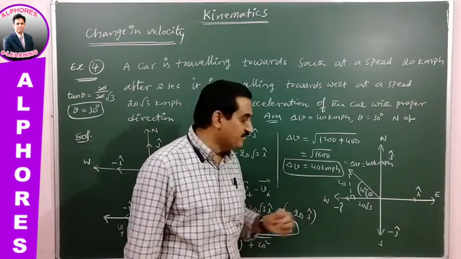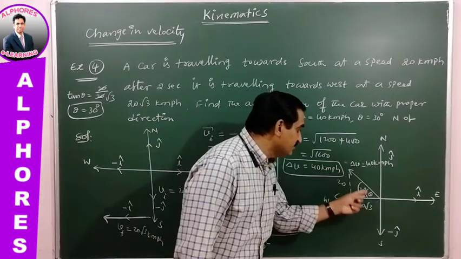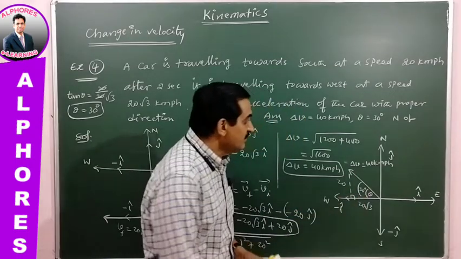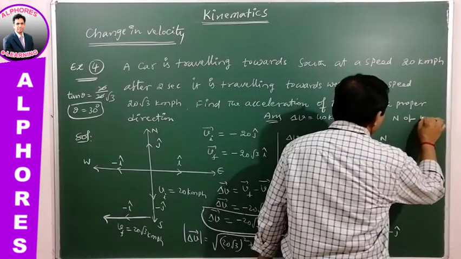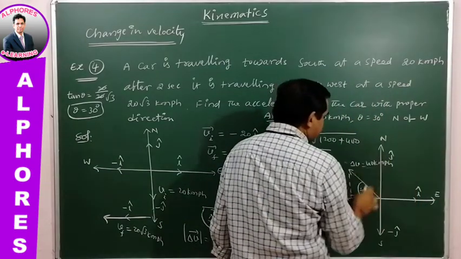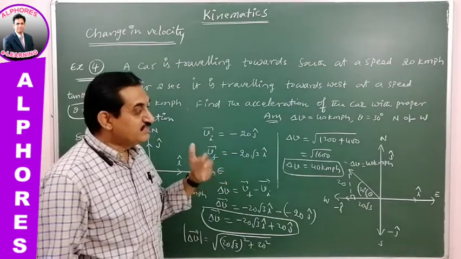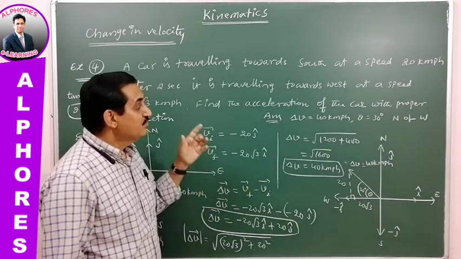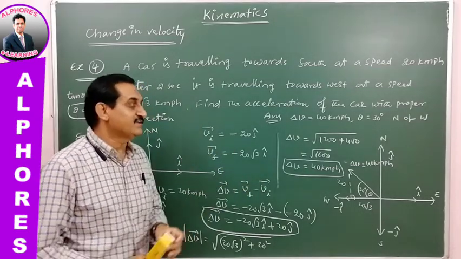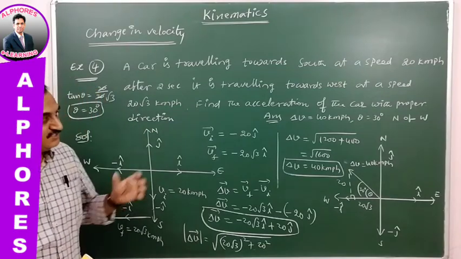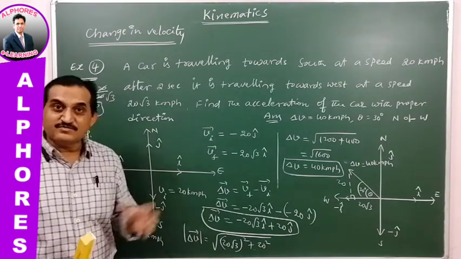The west direction. Therefore, it is making an angle theta with the west, so it is 30 degrees north of west. This is the way to decide the direction. So the change in velocity will be 40 km per hour at theta equal to 30 degrees north of west.